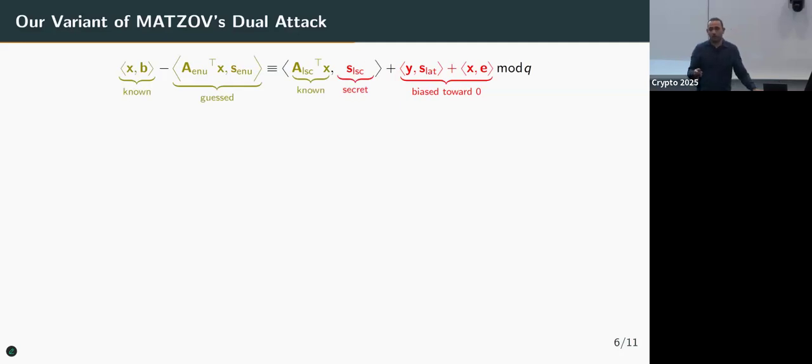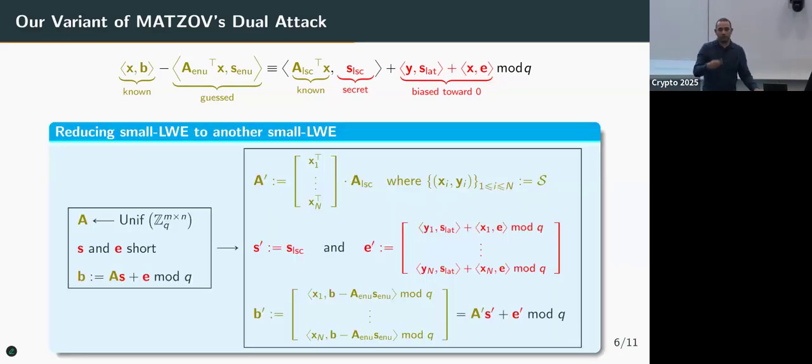And so here we are faced with a sample which looks like a new LWE sample. Actually, we have multiple versions of this equation because we have multiple pairs X and Y that we can apply. So we have reduced the original LWE problem to another small LWE problem.